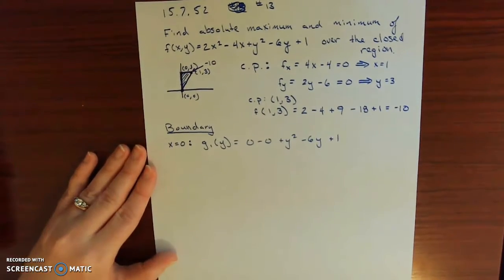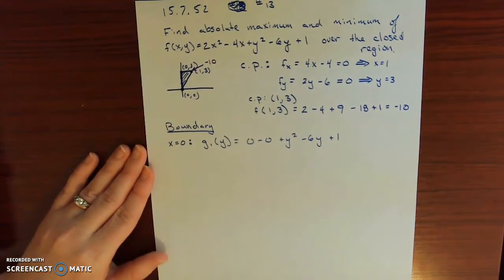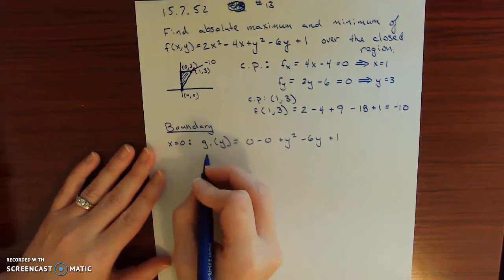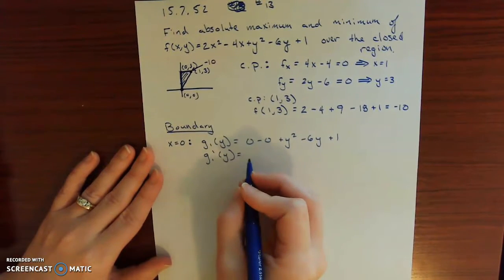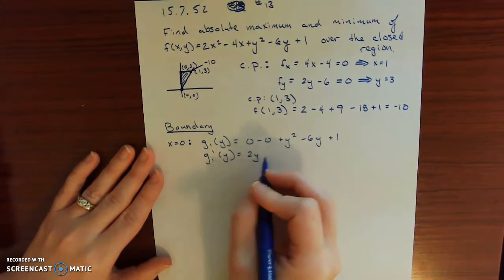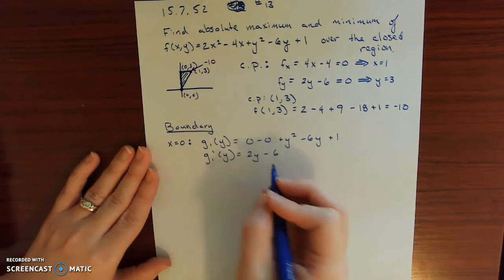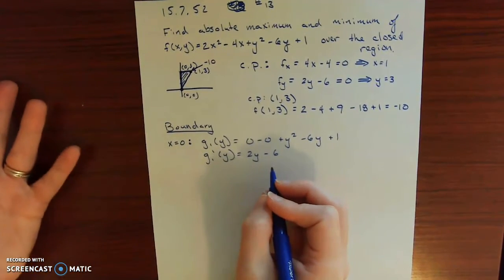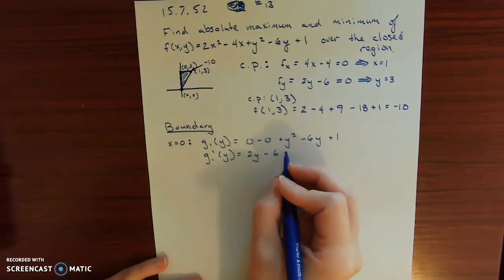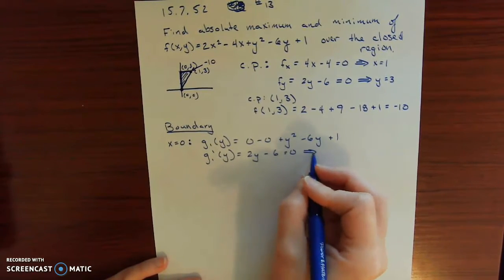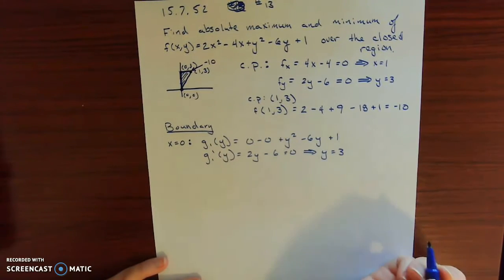Now I'm going to look for essentially critical points on that boundary. So we would take the derivative, and we get 2y minus 6, right? So I'm looking at critical points of this one variable function. If I set that equal to 0, this looks familiar, I would get y equals 3.